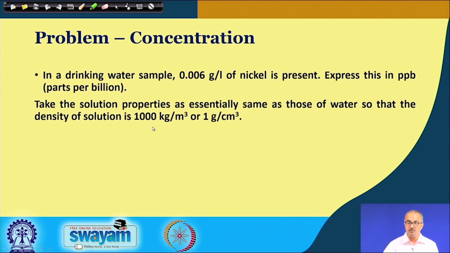To do this kind of problem, because it is such a small amount, we assume the water sample has properties of water and its density is the same as that of water, that is 1000 kg per meter cube or 1 gram per cubic centimeter. This information we would need for the conversion.